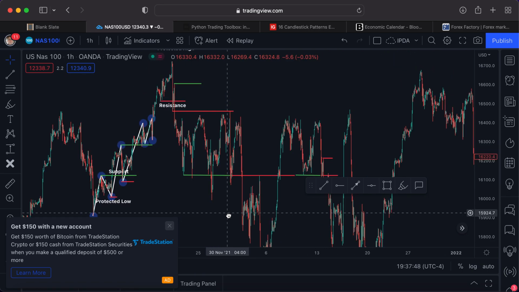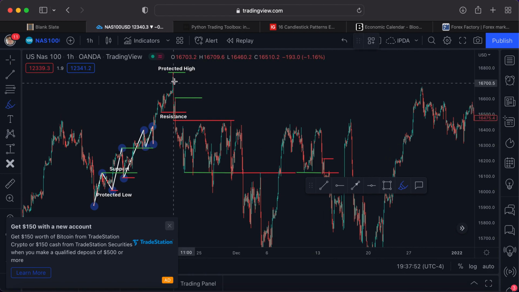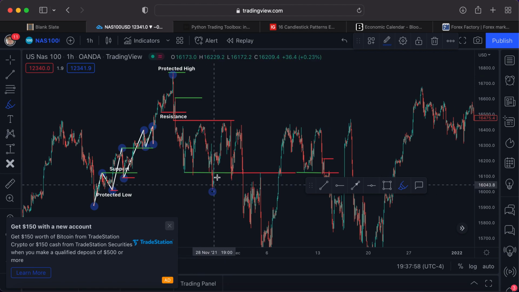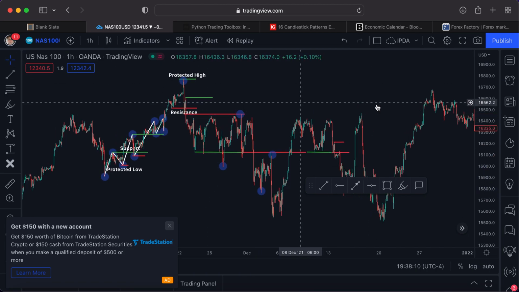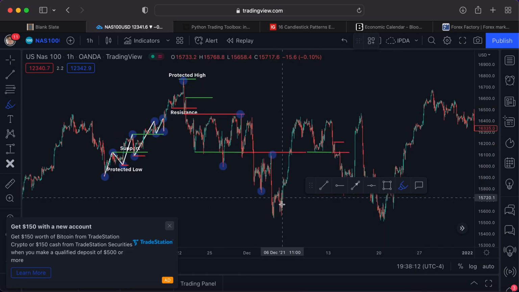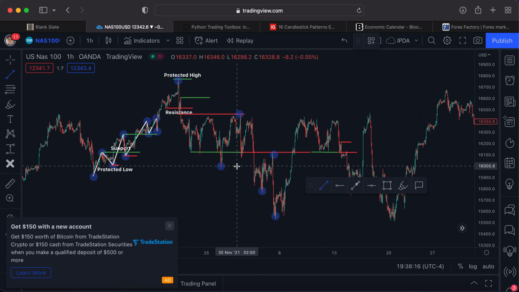You can see the price action here, if we take a look at it on a bigger scale here, why don't we just do this like that? Yeah, if you take a look at it like this. And then, of course, you can always connect the dots.